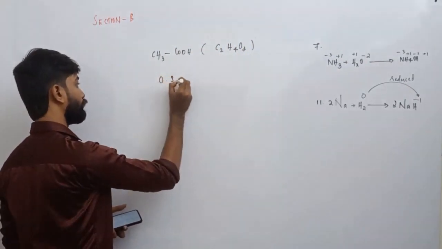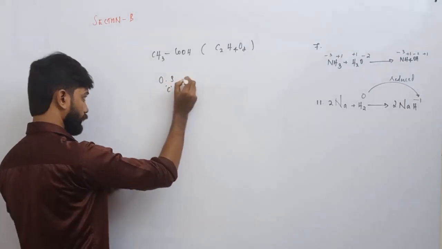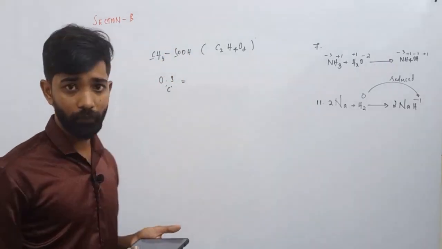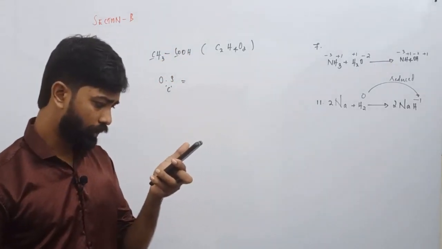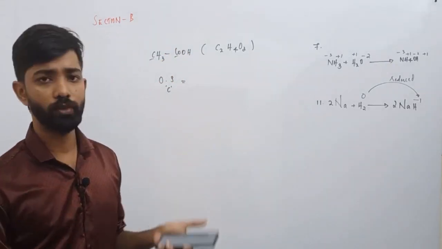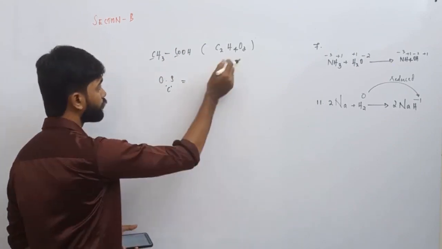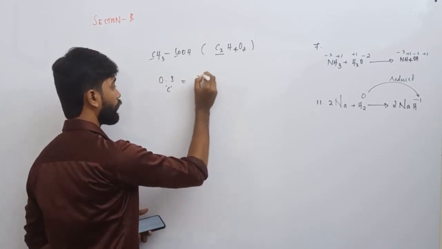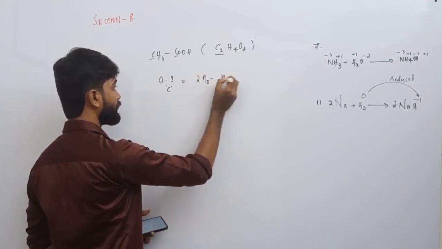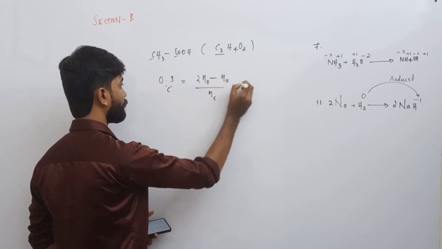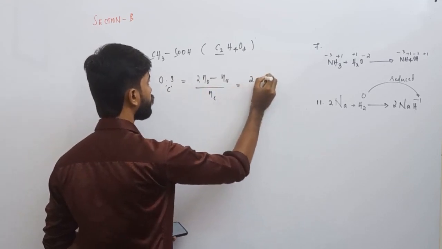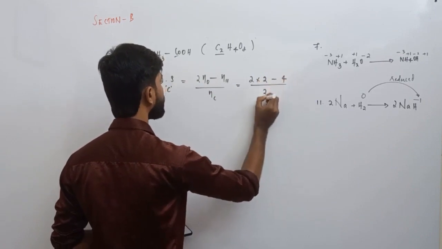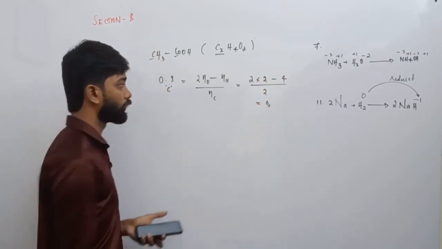Here we have two carbons, a methyl carbon and a carboxylic carbon, but they simply mention the oxidation number of carbon, which means the average oxidation state of C2. You know the formula: twice the number of oxygen minus the number of hydrogen, divided by the number of carbon. 2 into the number of oxygen, that is 2, minus the number of hydrogen, that is 4, divided by the number of carbon, that is 2. So the answer will be 0.